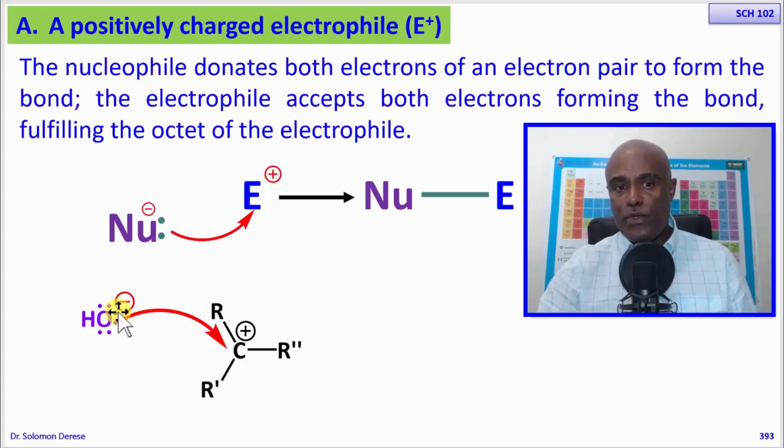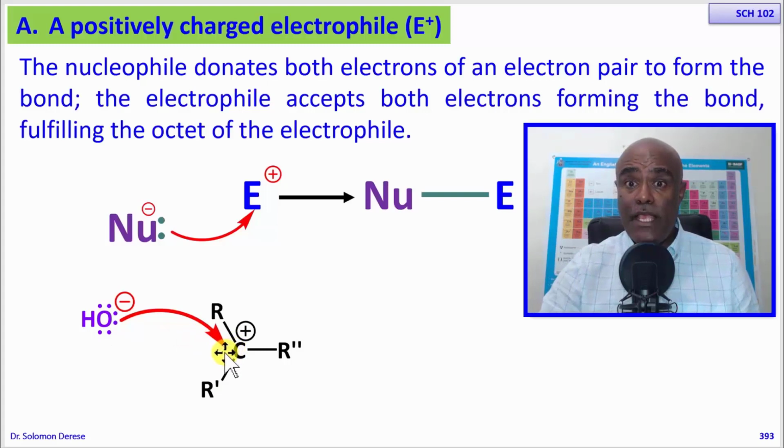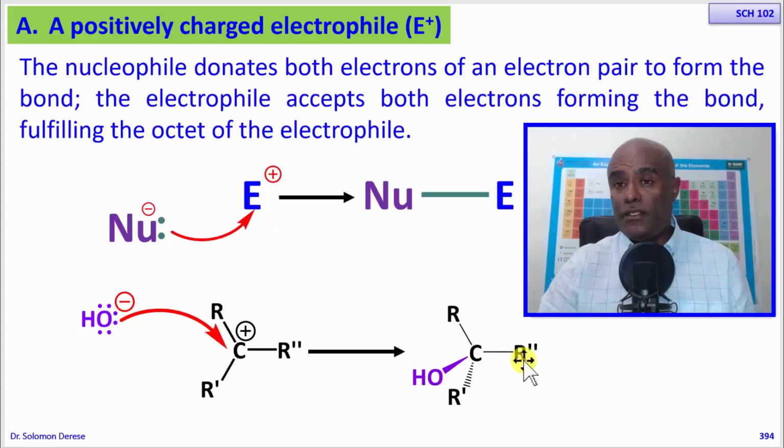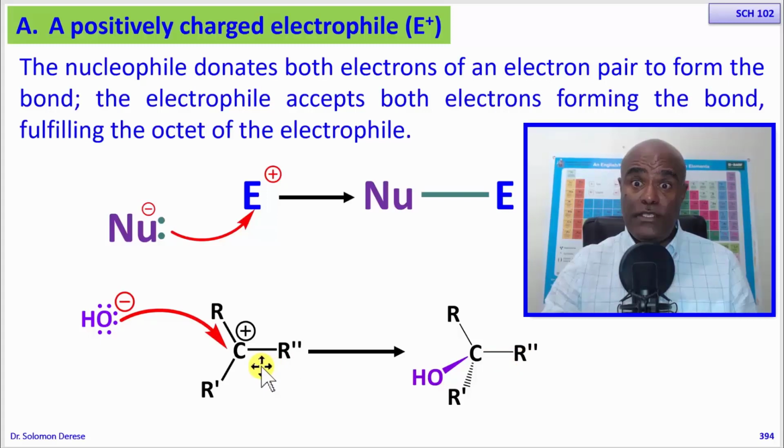Now, when these 2 electrons are used to form a bond with this carbon, the carbon will end up having 8 electrons. So when a nucleophile attacks a positively charged electrophile, like a carbocation, the electrons of the nucleophile will be used to fulfill the octet. The electrophile will accept the electrons of the bond. So this is the scenario when you have an electrophile that is positively charged.